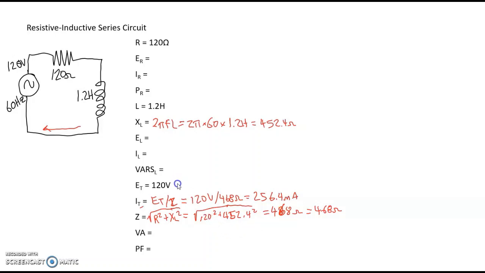Because this is a series circuit, we know that the current flowing through the circuit is the same for every element. So now we know the current flowing through the resistor is the same as the total current, and that's 256.4 milliamps.